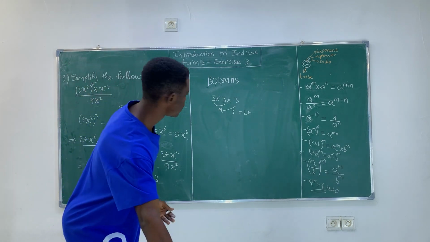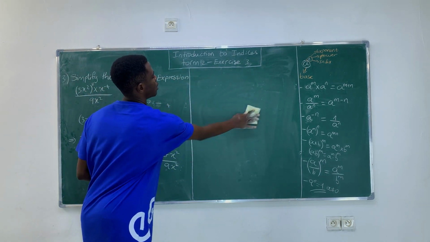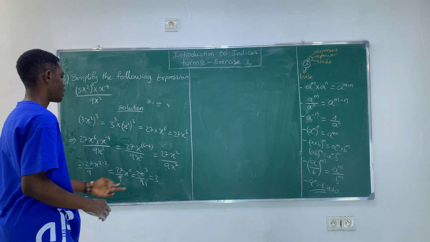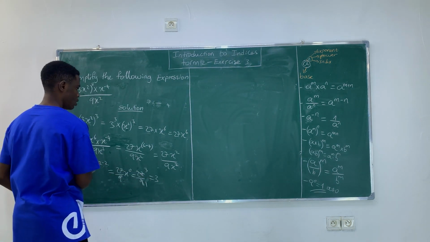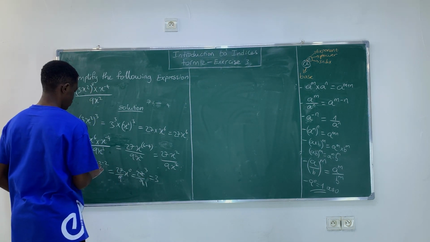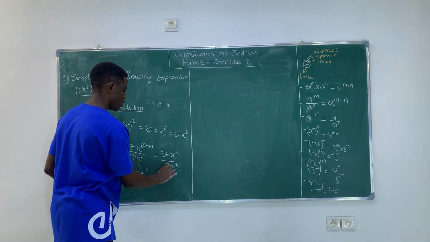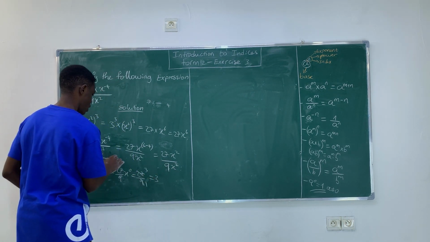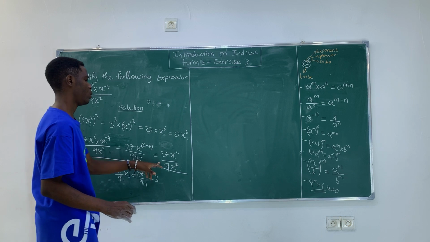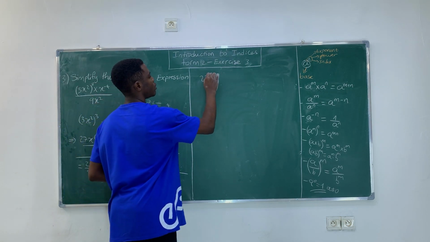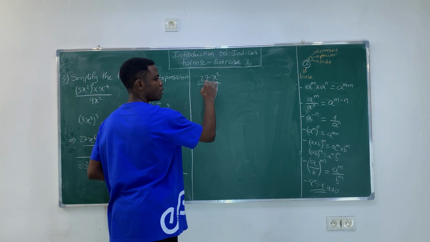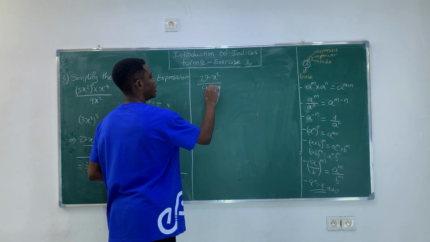Or you can say, as a shortcut, 27x squared over 9x squared.